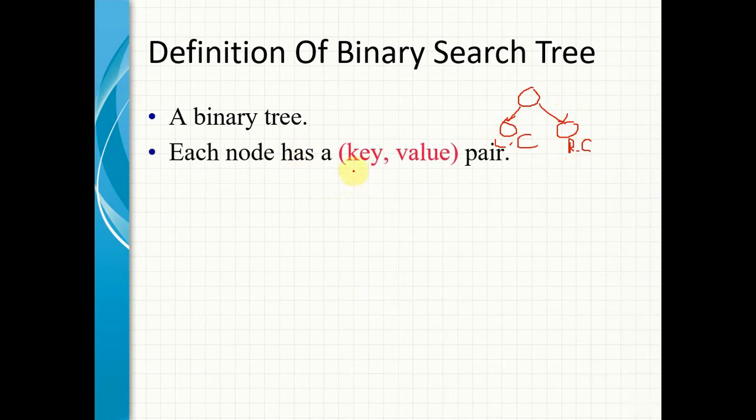Each node has a key value pair. For example, in the previous example, it should be something like 1 apple, here you have 2 orange, and so on.